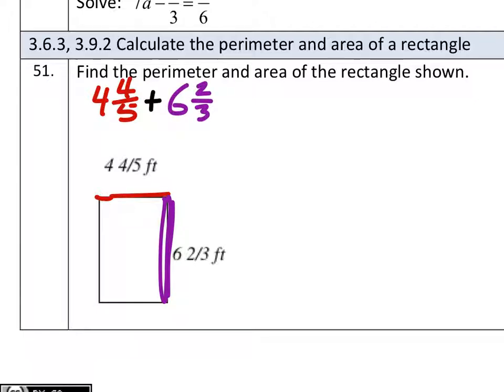Now that's only 2 of the sides. Perimeter is the edges. It's kind of like as if I wanted to box this thing in or fence it in, if it were some kind of property maybe. So I need to add another 4 4/5. And then I also got this side right here, which I would need to add 6 2/3.